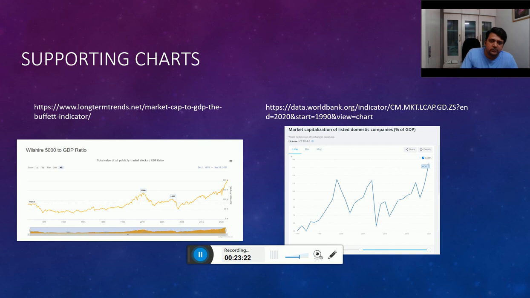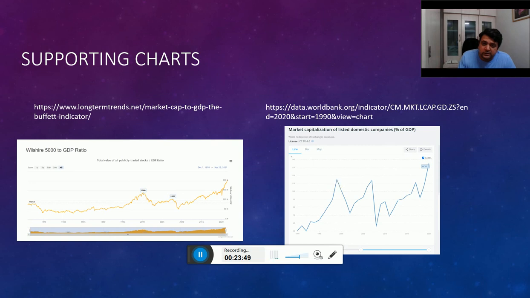Now if you see in here, this is the data published by the World Bank, market capitalization of listed domestic companies all over the globe in terms of percentage of the GDP. So this is somewhere in 1995 where the market cap to the GDP went to 120%.